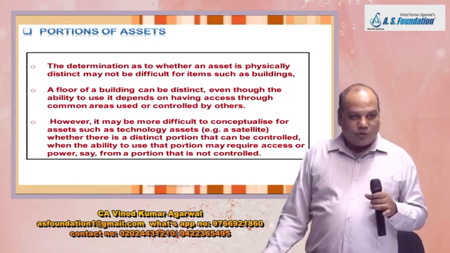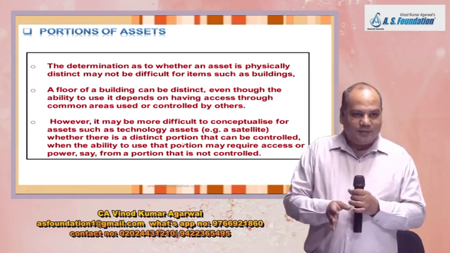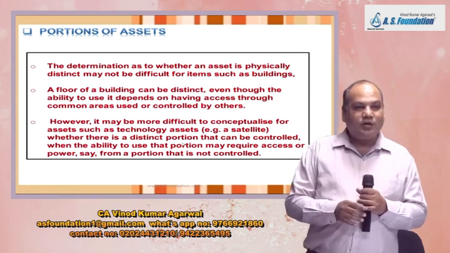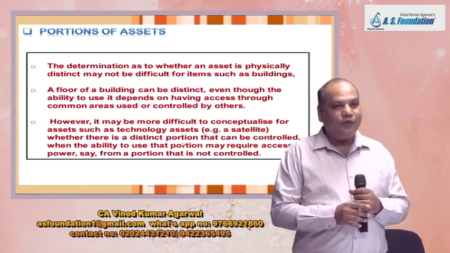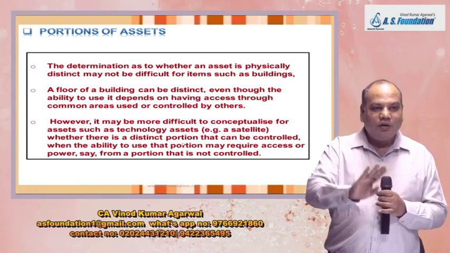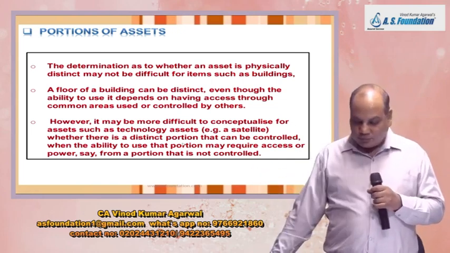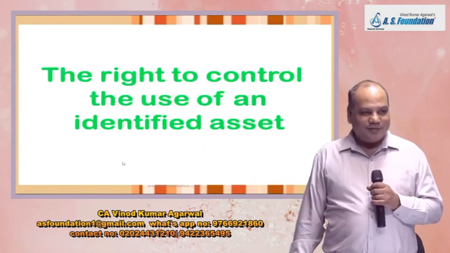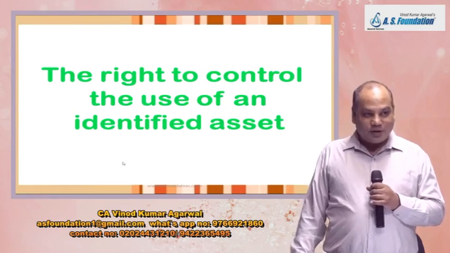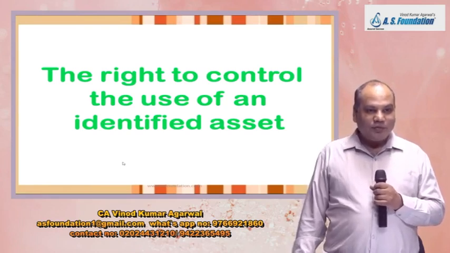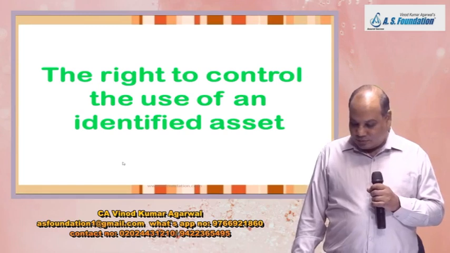So in this case, when you are sharing an asset, then you have to see whether it is distinct or not. If not, it is not an identified asset. Ignore this standard. But if it is distinct, then it is an identified asset.